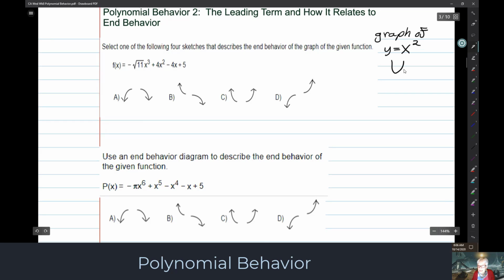Okay, that looks like this. And the graph of y equals x to the 3rd, which looks like that. That's my favorite graph.